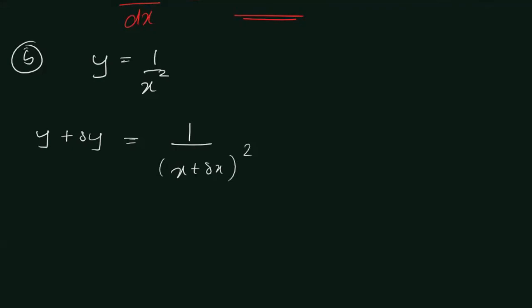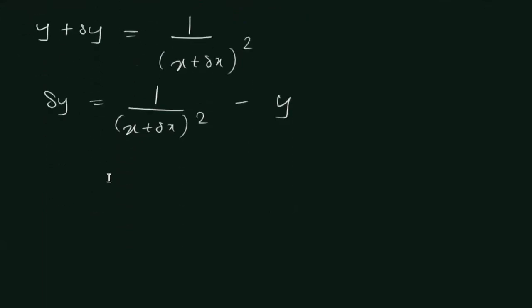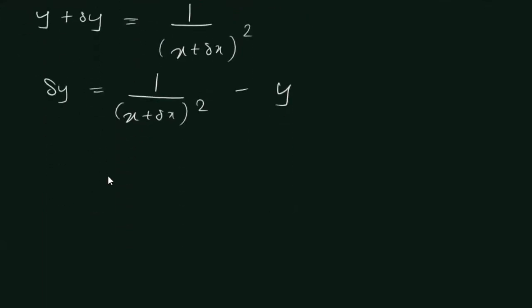Okay, take y to the other side. So delta y is equal to 1 over x plus delta x squared minus y. What you take is y to that side. So now delta y is equal to 1 over x plus delta x whole thing squared, minus y.